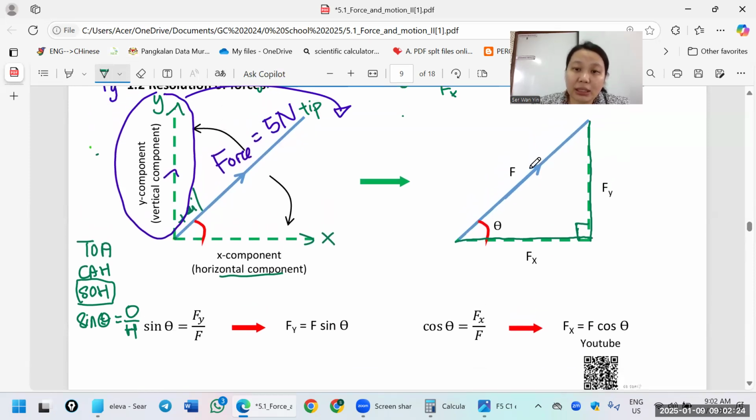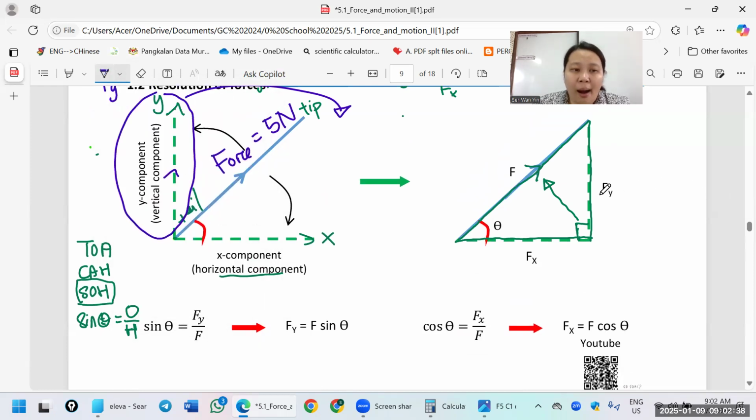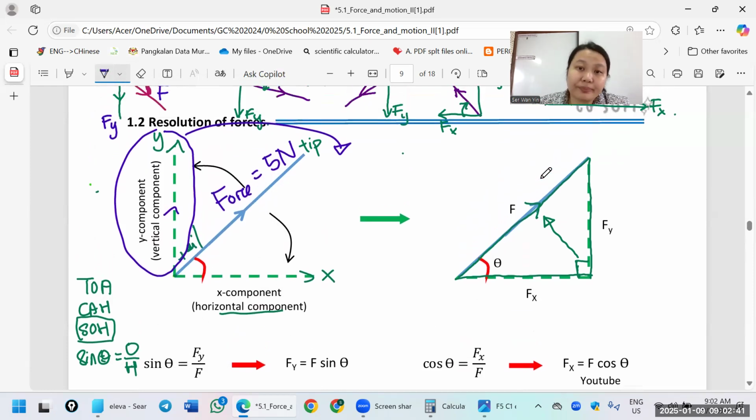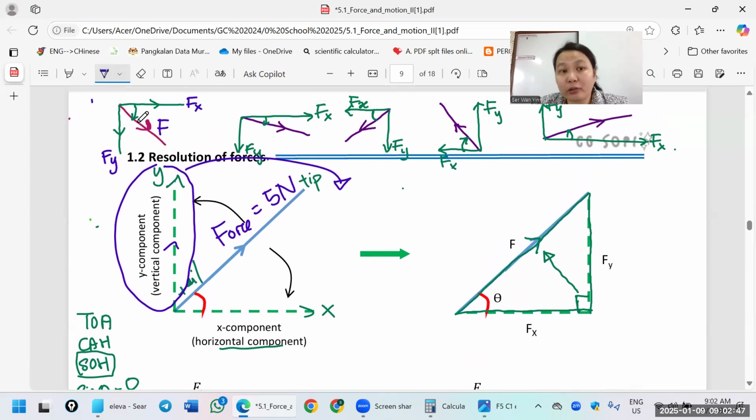And then can you see? This line would be your hypotenuse, because it's always opposite to the 90 degrees of the triangle, right? So all of the original forces would be your hypotenuse.